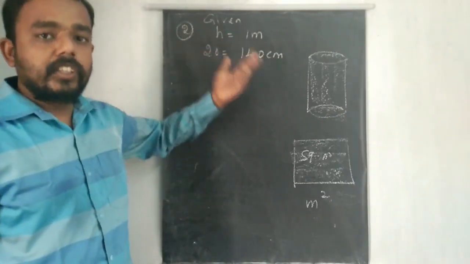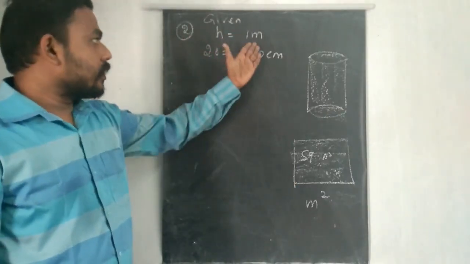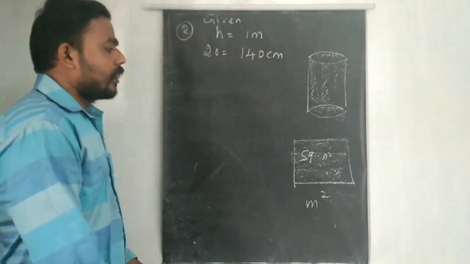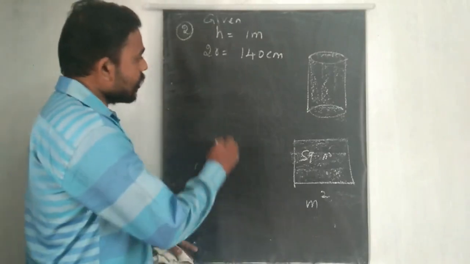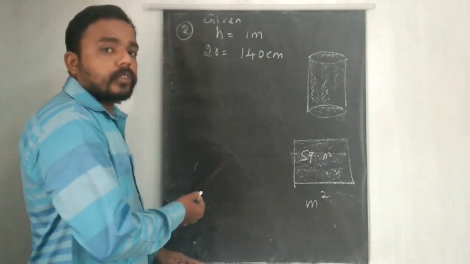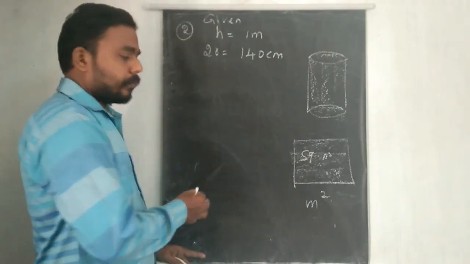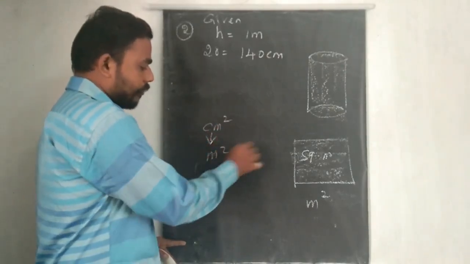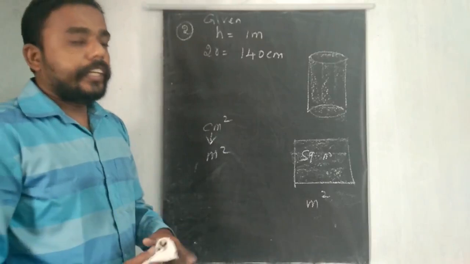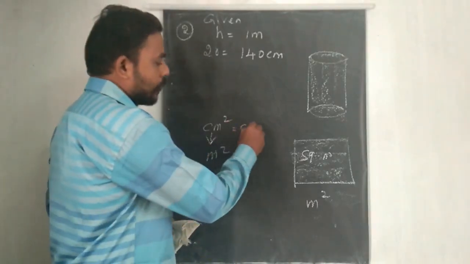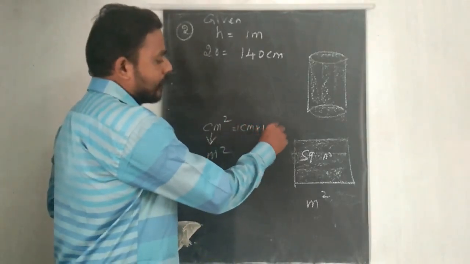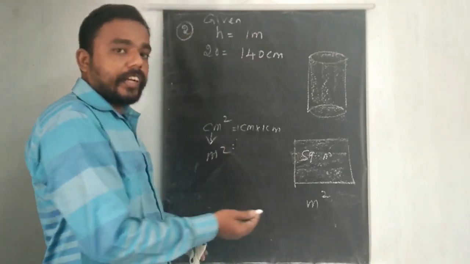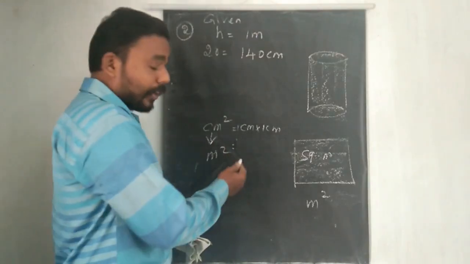initially just convert your centimeter into meter. Why I say this is, our answer comes in square meter. If you have centimeter square, then we need to convert it into meter square form. Centimeter square means 1 centimeter into 1 centimeter. For that we need to convert to meter, so we divide by 100.